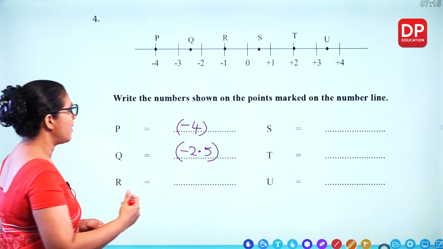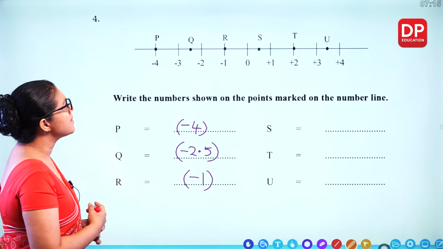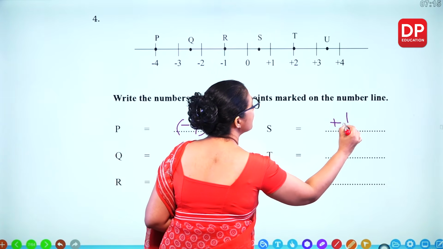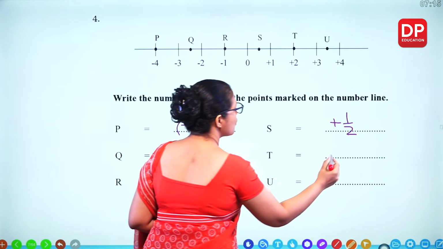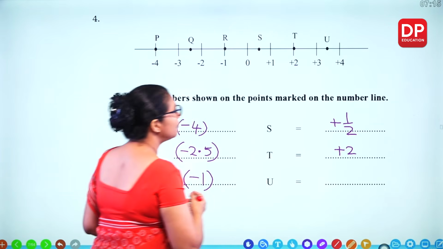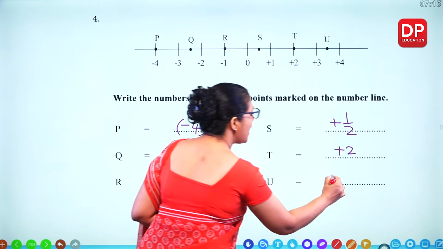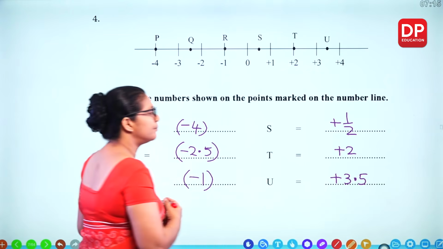R exactly -1. S is in between 0 and 1. That's +half. T +2. U is in between 3 and 4. You can write +3.5 or 3.5.